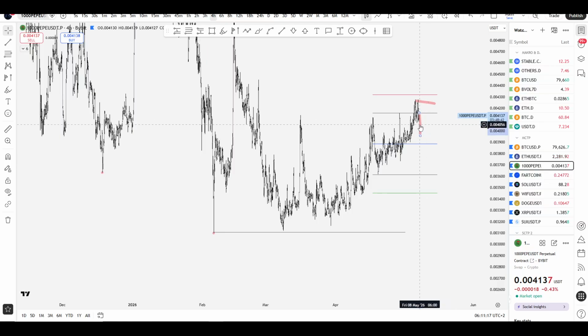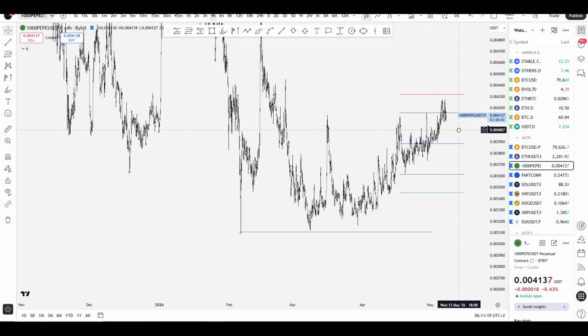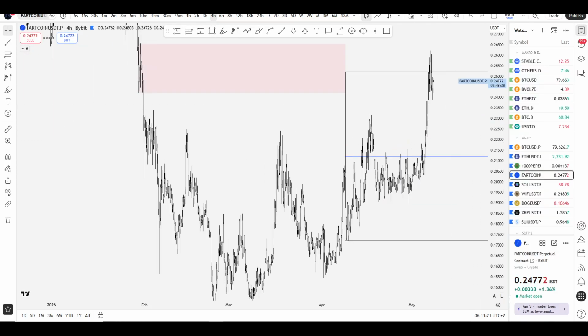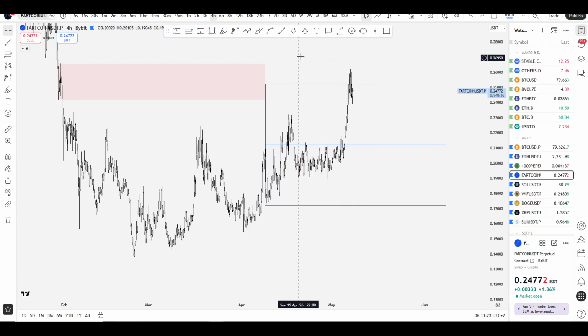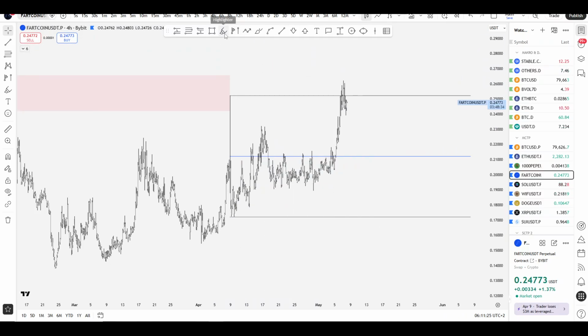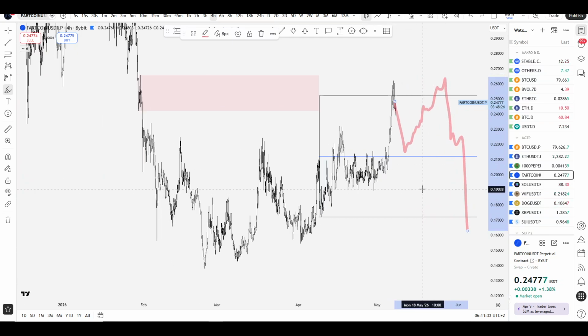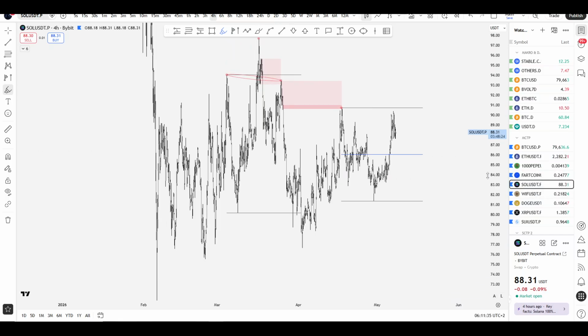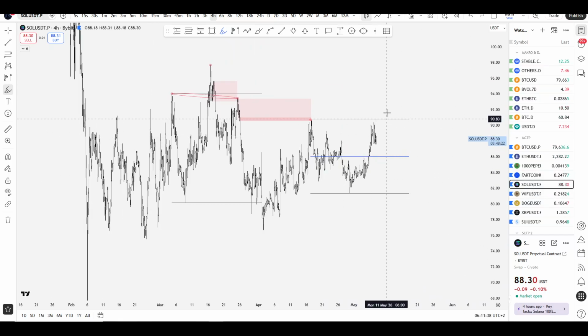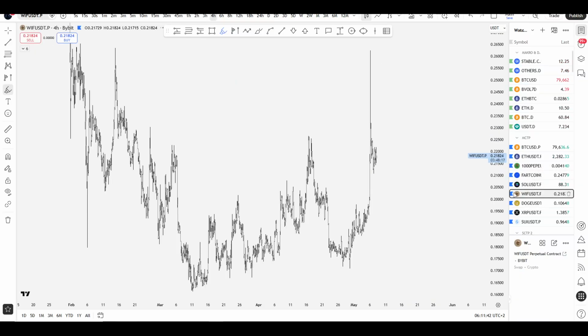But as for now, we need some time for altcoins to develop some proper ranges. So this can go down, and when Bitcoin goes up, this goes up once more, and then we distribute. For example, on Solana, we need a push up once more for a potential distribution here.